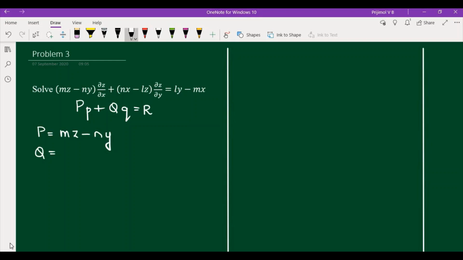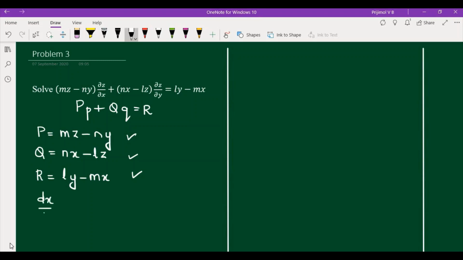Coefficient of dou z by dou y is nx minus lz, and capital R is the right hand side term, which is ly minus mx. Make sure R is always in the right hand side, and P, Q, R, they are the functions of x, y, z. Now let us write down the auxiliary equation.